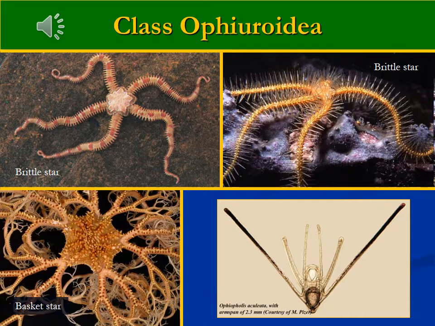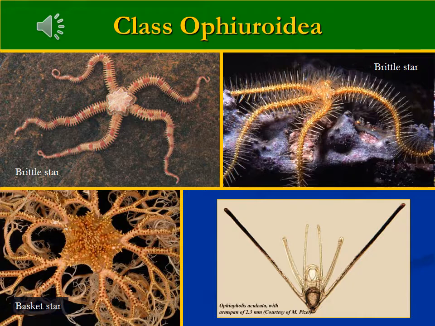One of the major differences between Asteroidea and Ophiuroidea is the fact that the arms are set off of the central disk. So if you look at, for instance, the brittle star to your upper left, you can see how clearly distinctive the central disk is from the arms. And in Asteroidea, those arms are continuous with the central disk.